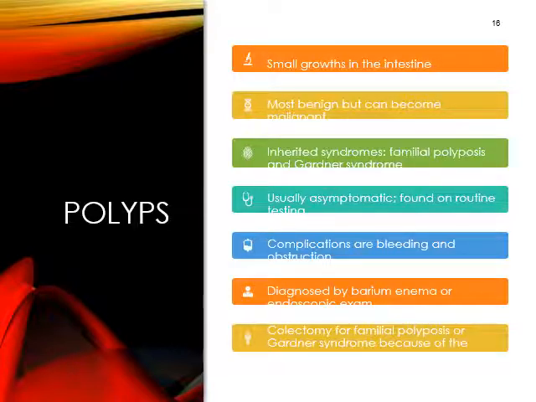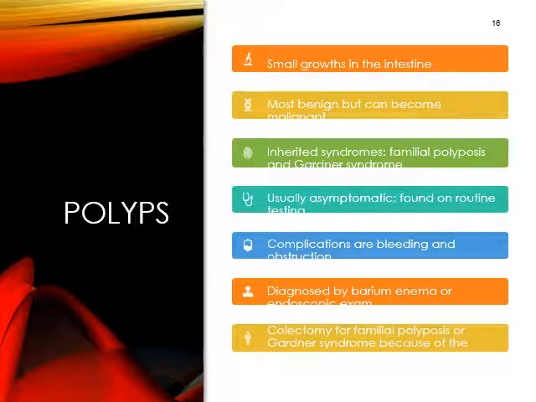Colectomy for familial polyposis. So if they keep getting a lot of polyps, and because of the risk of cancer that goes along with the Gardner syndrome, they might need just that colon taken out, okay, because of the risk.